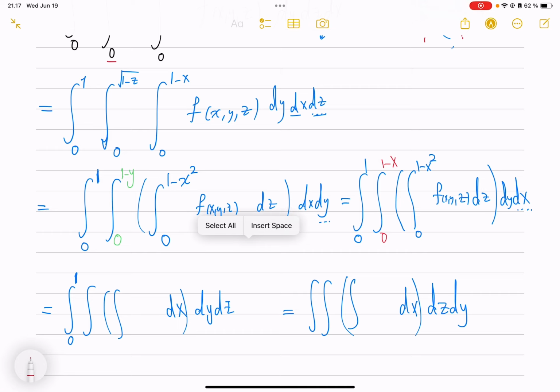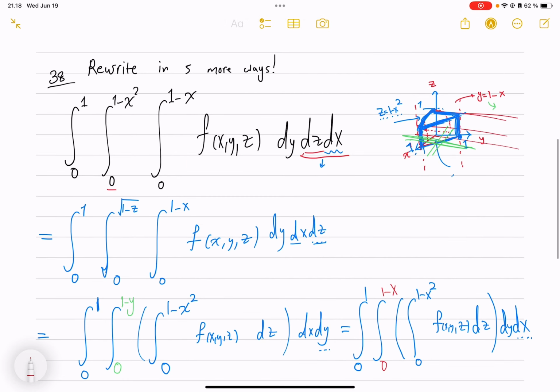So when z goes from 0 to 1, y goes from 0, sorry, wait a second. Is it a rectangle after all? Is y limited by z?